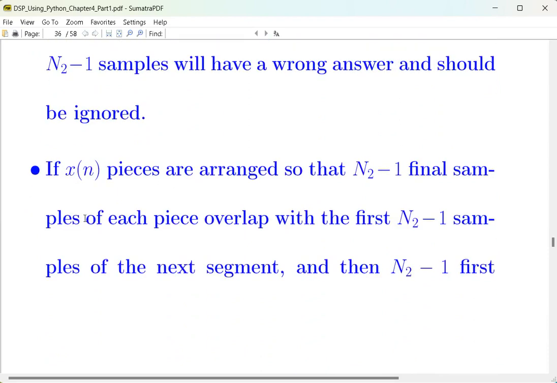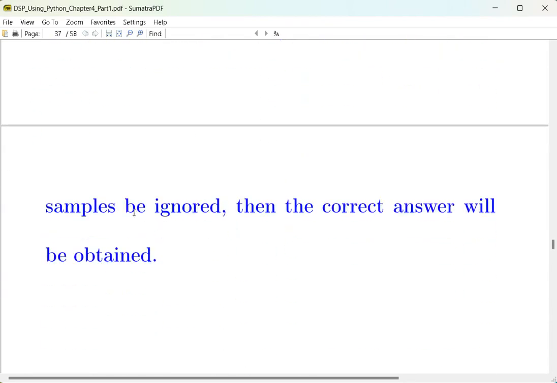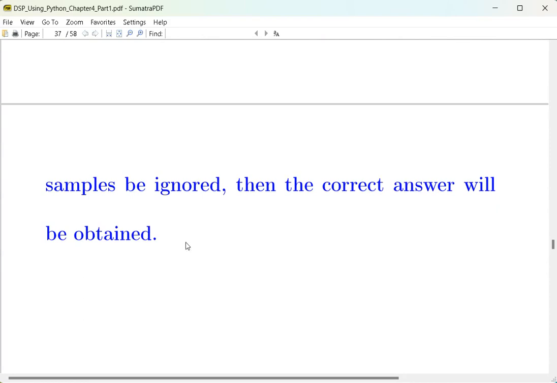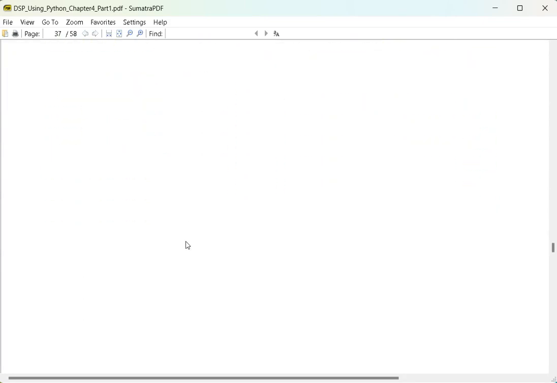If x of n pieces are arranged so that n2 minus 1 final samples of each piece overlap with the first n2 minus 1 samples of the next segment, and then the first n2 minus 1 samples are ignored because they are wrong, then the correct answer will be obtained.